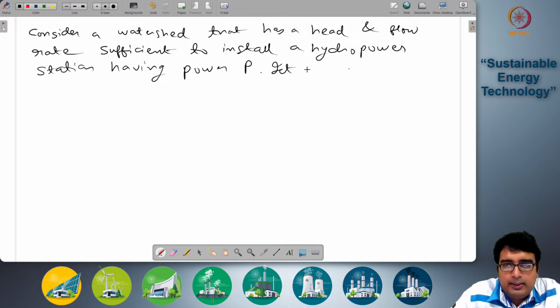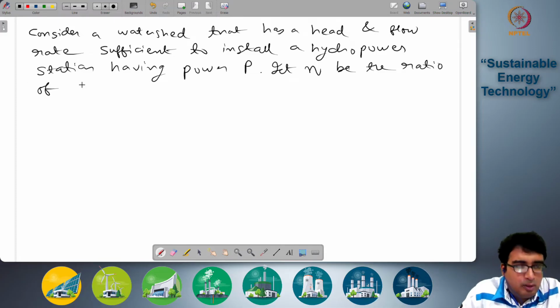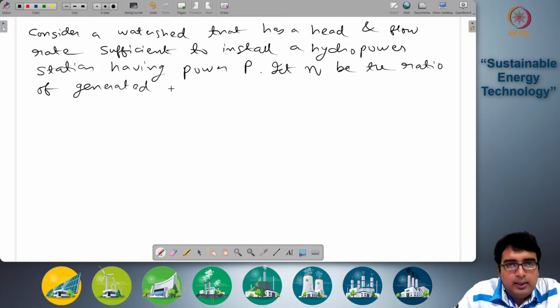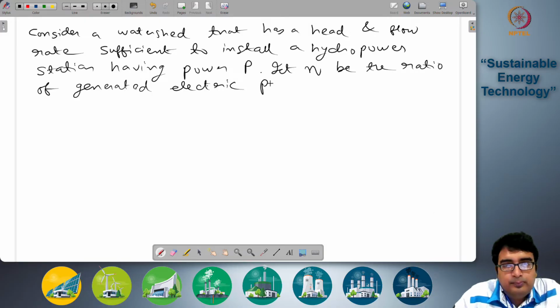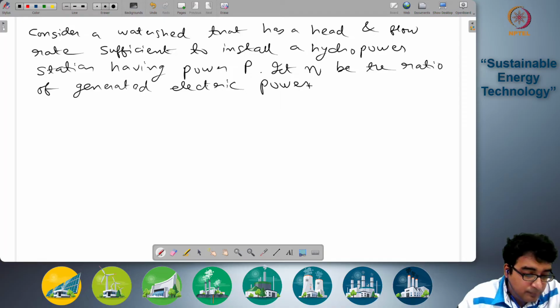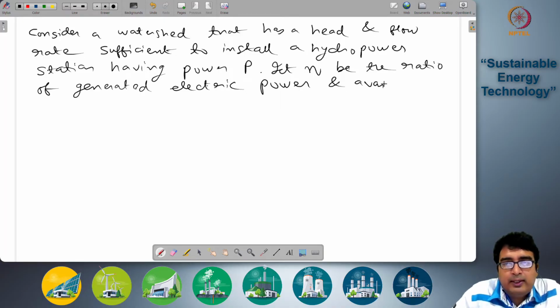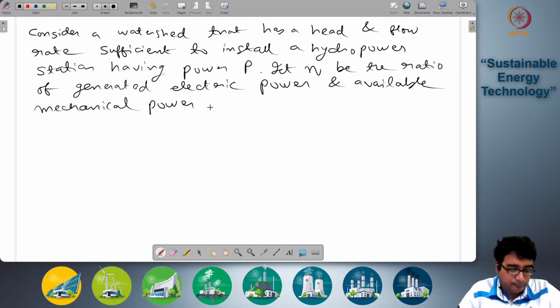So let eta be the ratio of generated electric power and available mechanical power of water.